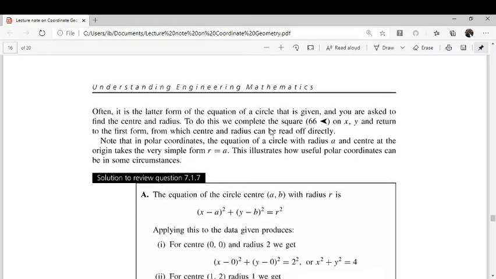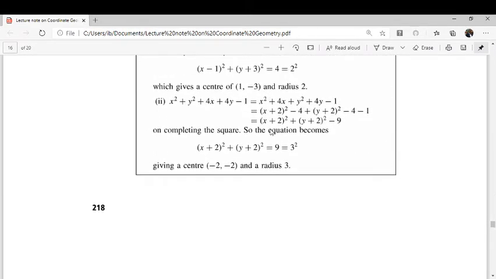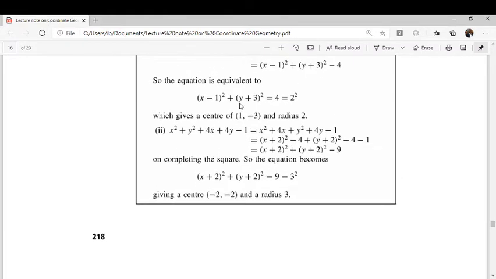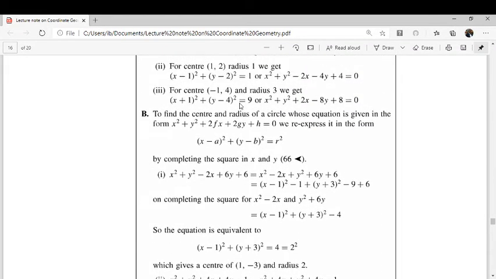So what you just do is, in doing this, I think I've jumped, okay. First of all, you have this equation. Okay, this is the equation you have, and you are asked to find the center and the radius. So what you do is, this is the equation you are given.